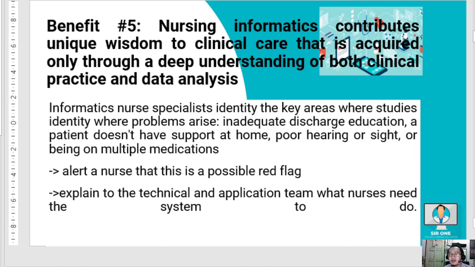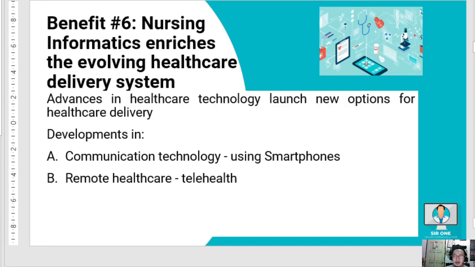And that is very important because our target here is patient outcome or better patient care. So again, wisdom is important in the understanding of both clinical practice and data analysis. And number 6, nursing informatics enriches the evolving healthcare delivery system.